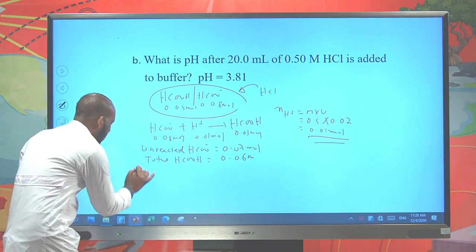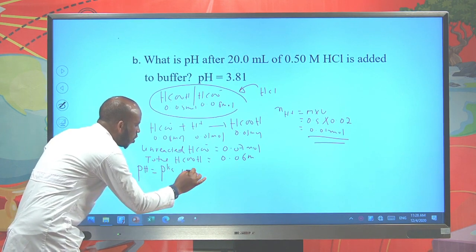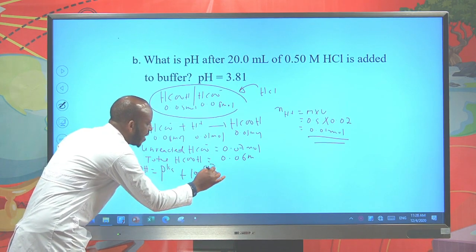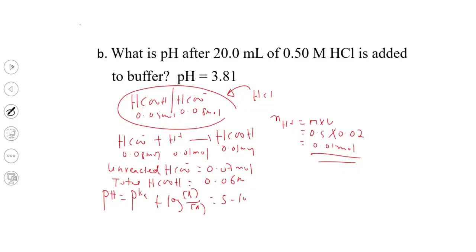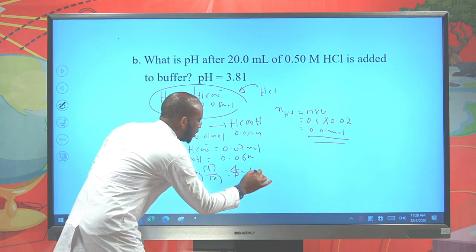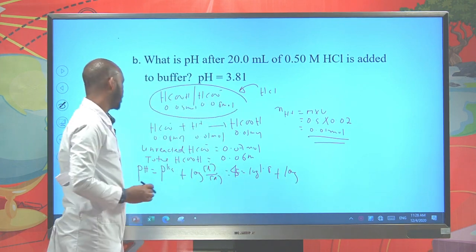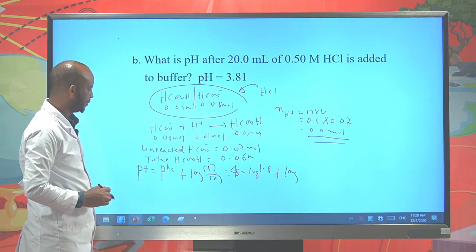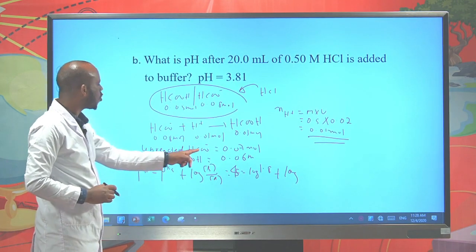Therefore, pH of this solution equals pKa plus log base concentration divided by acid concentration, which is pKa plus log base divided by acid. This is 4 minus log 1.8 plus log base concentration. The base is formate.